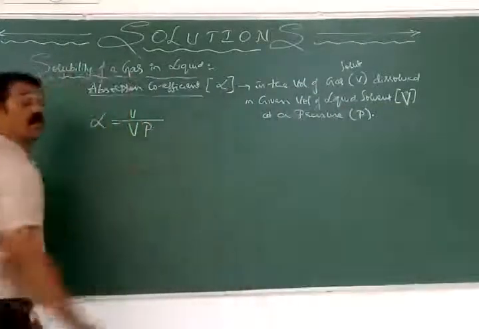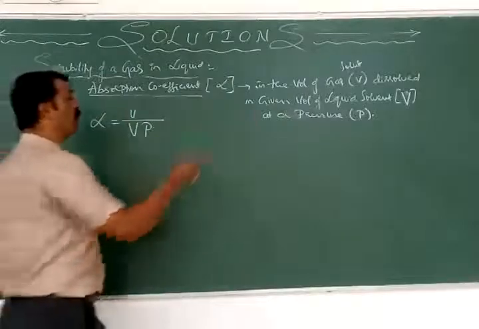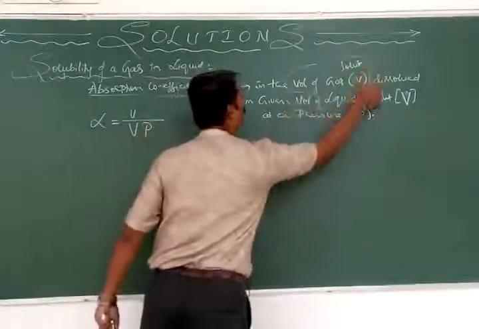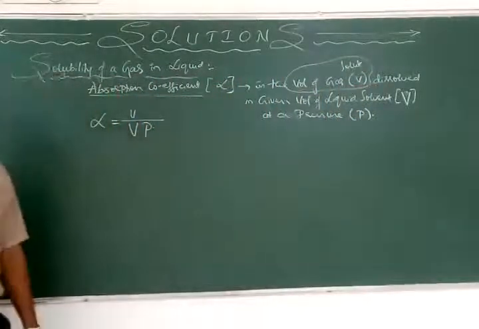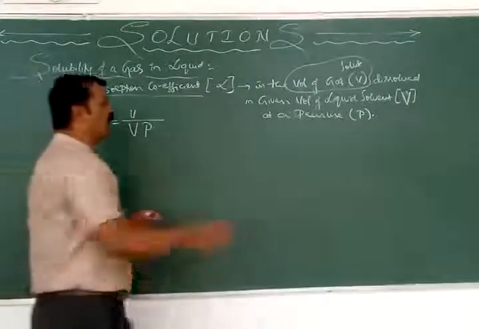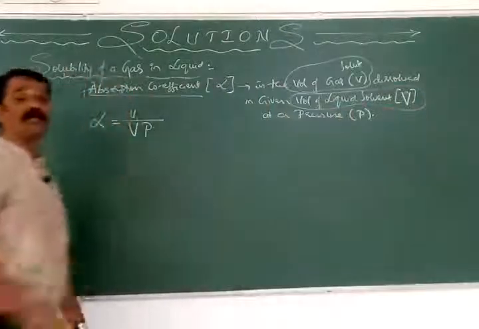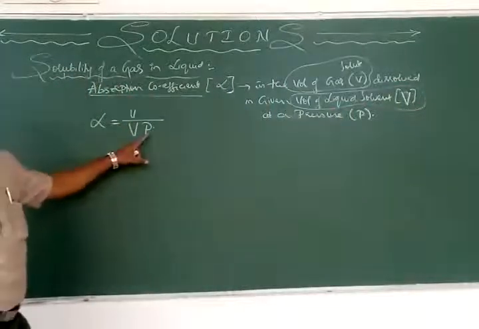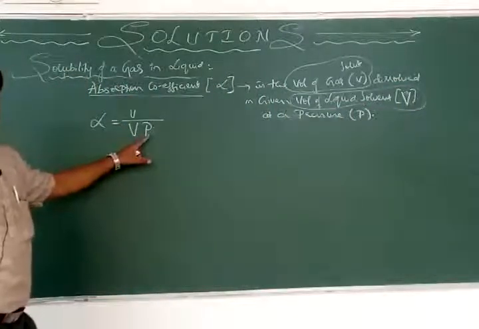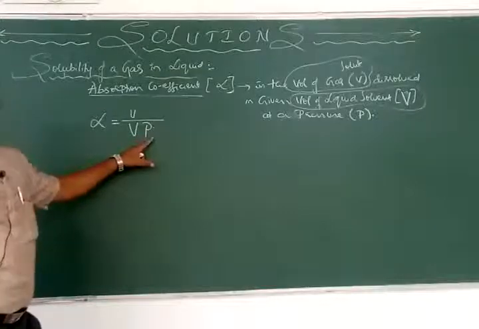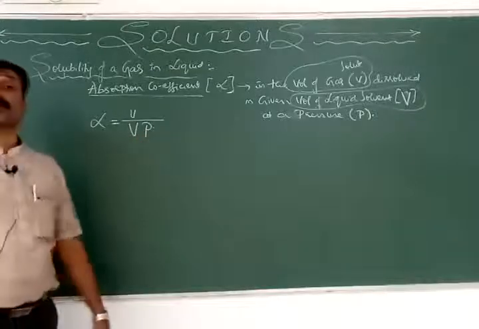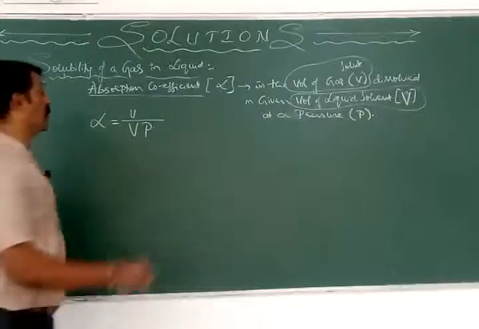So here what is small v? Small v refers to the volume of the gas acting as a solute. What is capital V here? It is the volume of the liquid solvent at a given pressure, preferably atmospheric pressure, and that particular constant is called the absorption coefficient.